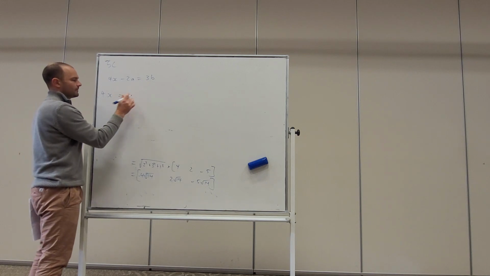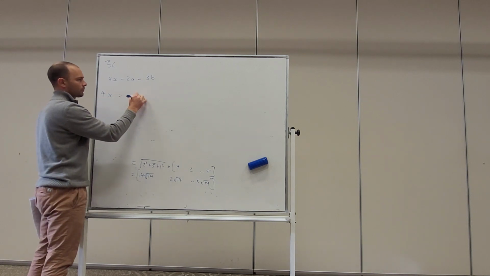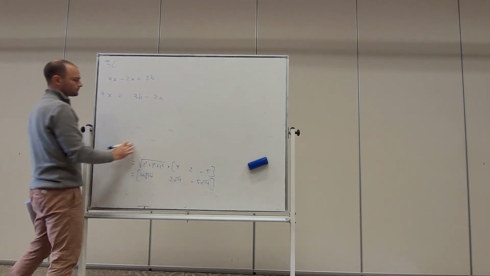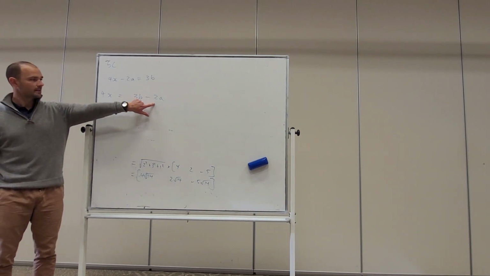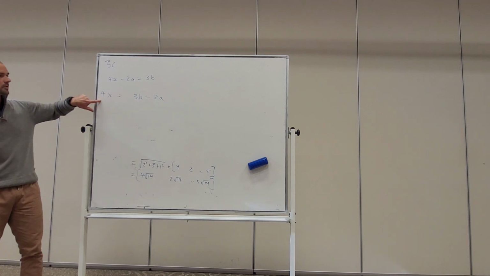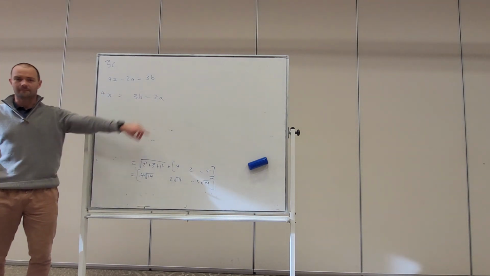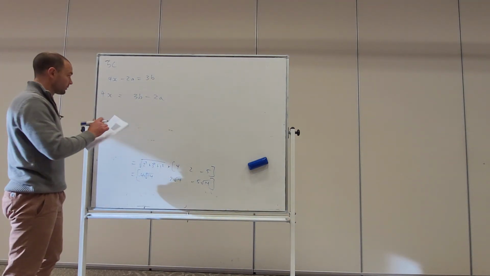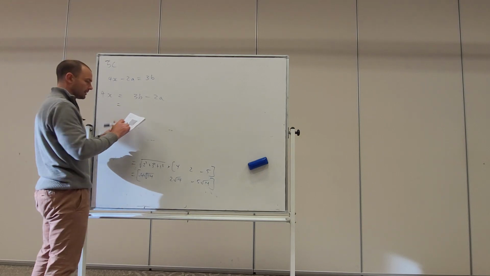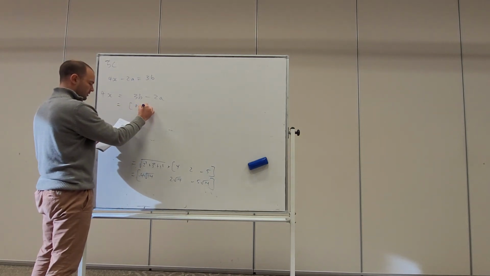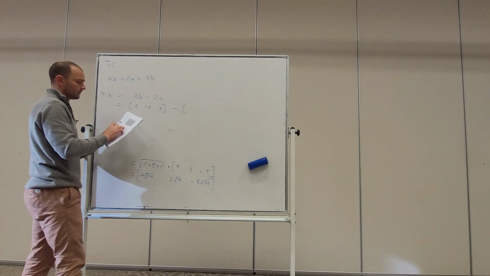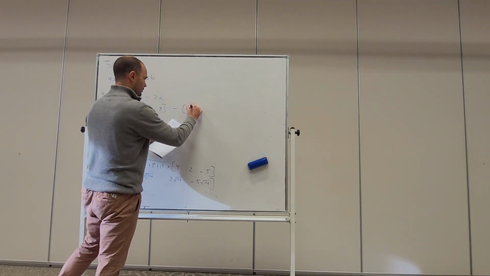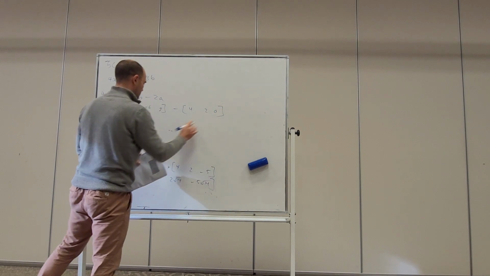And so what we've got is 4 lots of x is equal to 3b take away 2a. So what I'm going to do first is just evaluate this vector and then times it by 1 over 4 to get vector x by itself. So we've got 3b is going to be the vector (0, minus 6, 9). Take away 2a is going to be (4, 2, 0).